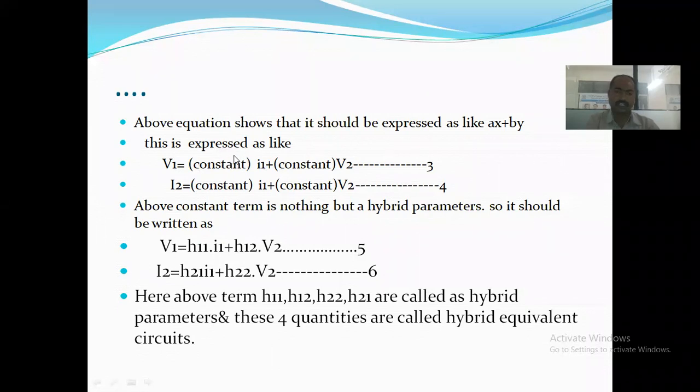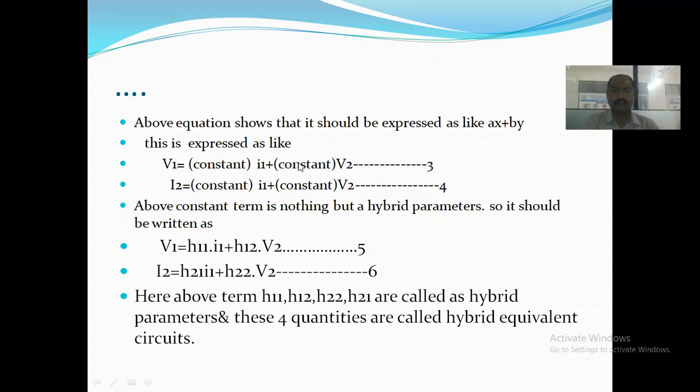The H term will come here, and it is for the input, since input is considered as 1. So H1 is by default, and this is the term with respect to the I1 current. That's why H11 I1. Understood? Why was the H11 term taken? H indicates hybrid parameter, 1 indicates input related, and I1, that is H11 I1 plus a constant times V2.